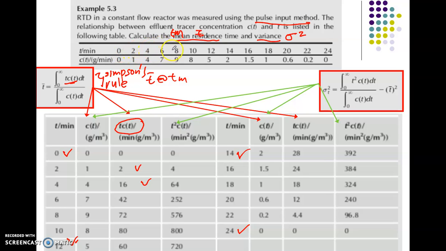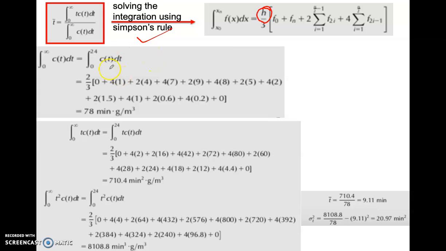Sometimes data don't have the same gap, so you need to divide the data using a similar gap. In this case, all the data have the same gap, which is 2. So for the integration of CT dt from 0 to infinity, it's 0 to 24 because the time is only until 24.